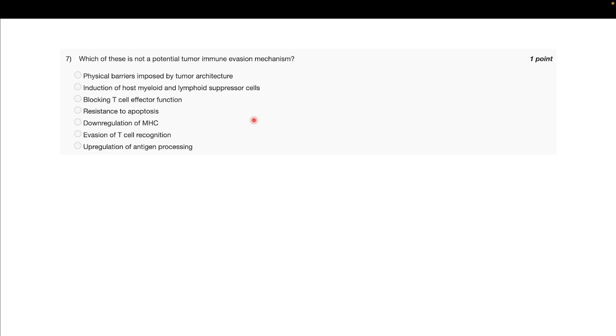Anyone else? Okay, no one. Yeah, you're perfectly correct. The upregulation of antigen processing is not a potential tumor evasion mechanism.